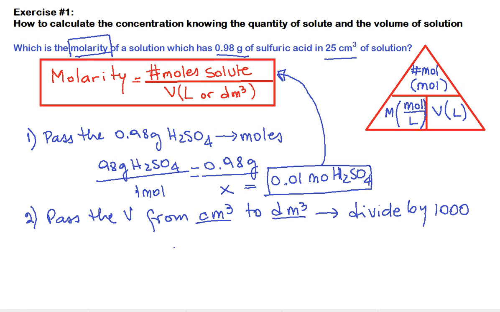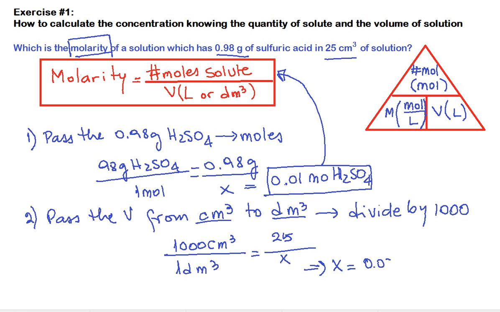So we know that 1000 centimeters cube, if you don't know if we need to divide or not, 1000 centimeters cube is 1 decimeter cube. So 25 is going to be X, and if you calculate that, X, which is going to be the volume, is 0.025 decimeters cube.